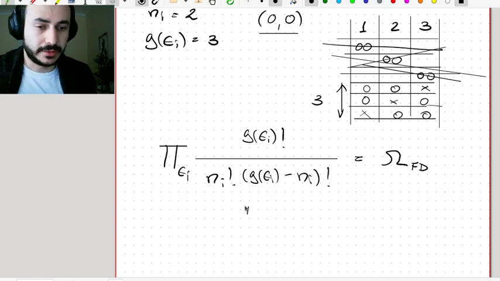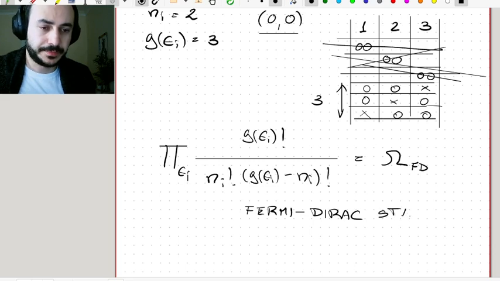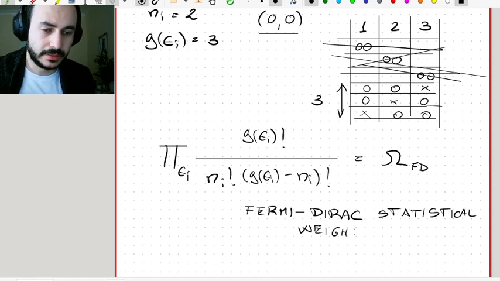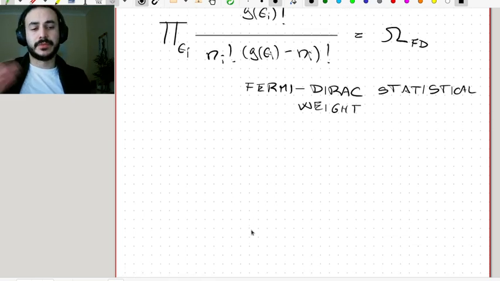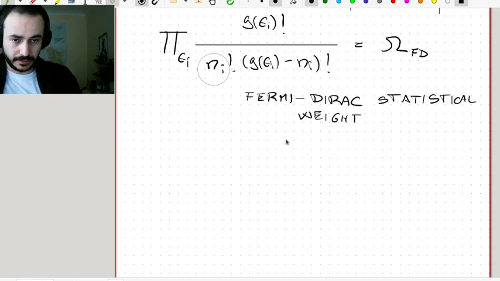Okay, so this is Fermi-Dirac statistics, as opposed to Bose-Einstein statistics. Now, as usual, we have to carry out the calculation and try to find the optimal allocation of the number of particles per energy level to be in equilibrium.